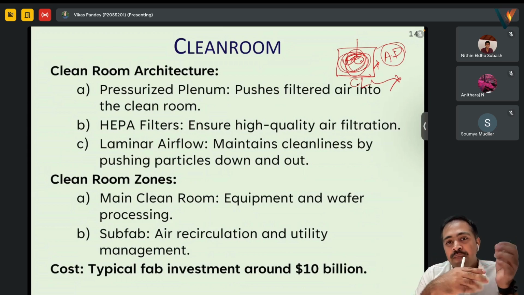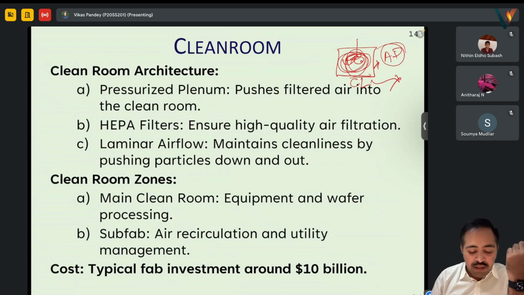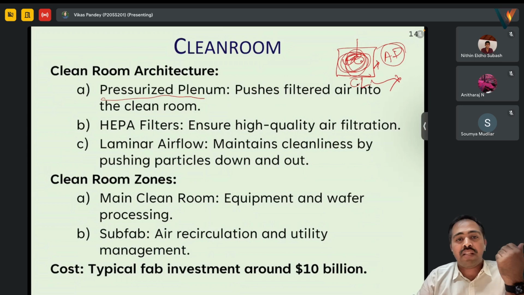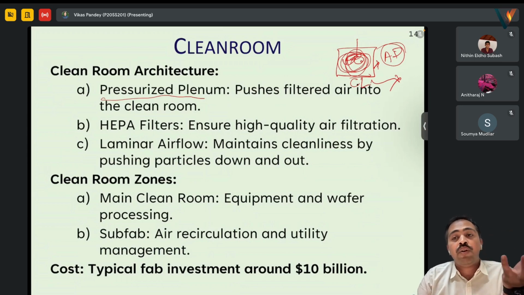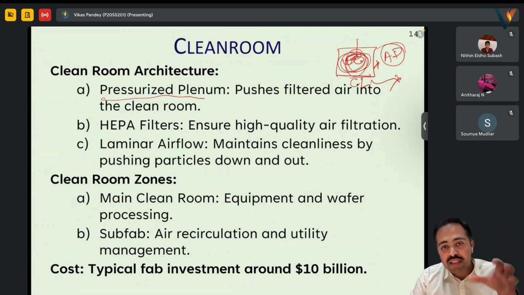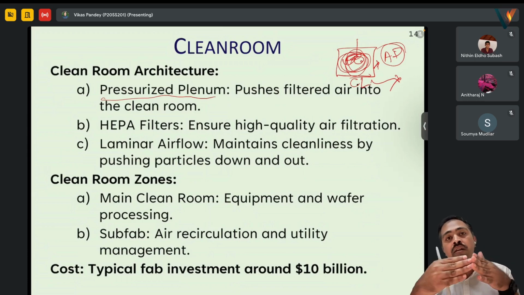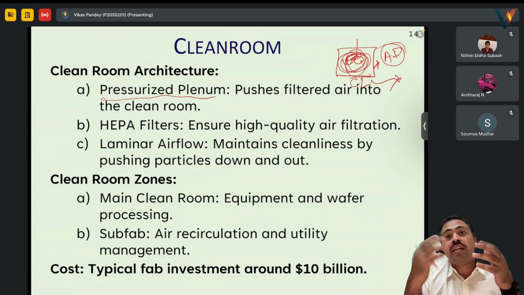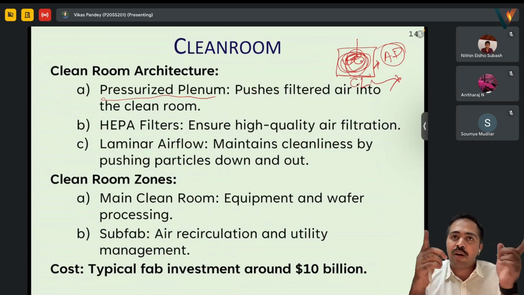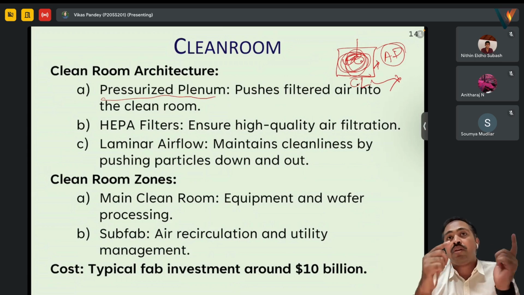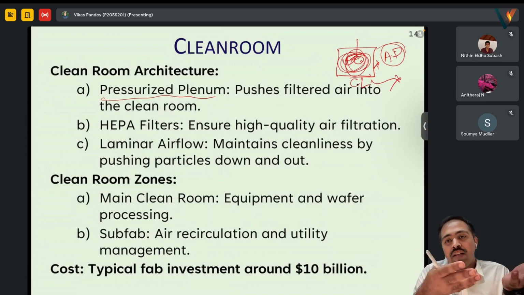For that we use a pressurized plenum. That means we have a higher pressure inside the room so that if by mistake some opening is there, the air from inside will come out, but outside air will not go in, because there can be unclean things in the outside air that we don't want in.